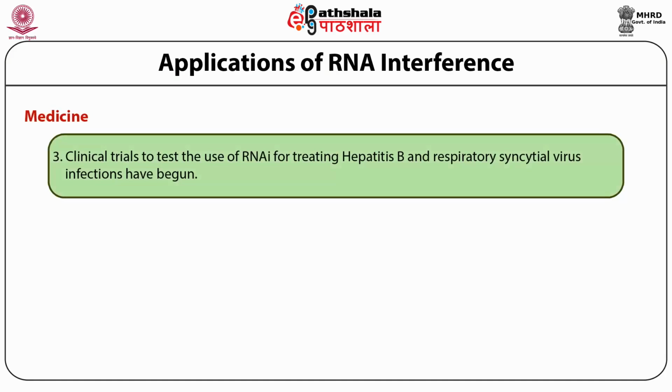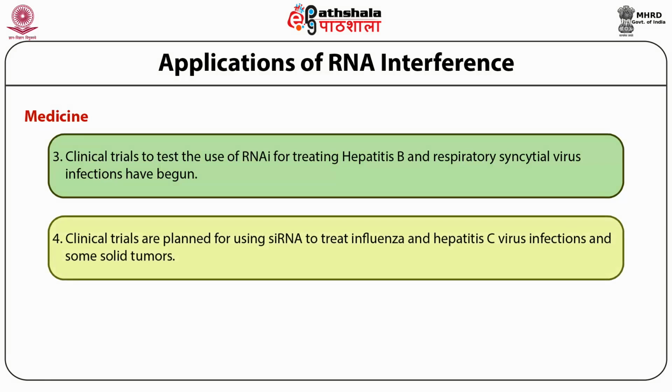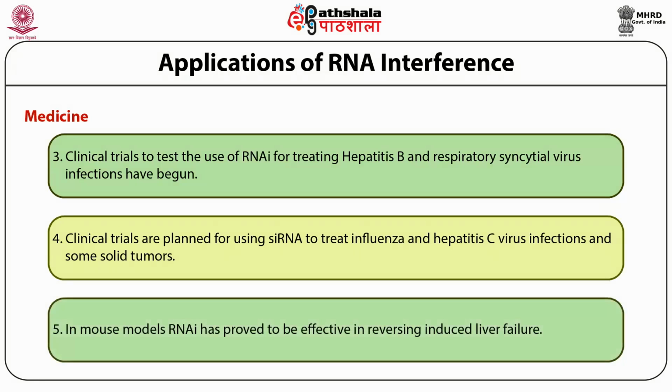Clinical trials to test the use of RNA interference for treating hepatitis B and respiratory syncytial virus infections have begun. Clinical trials are planned for using siRNA to treat influenza, hepatitis C virus infections, and some solid tumors. In mouse models, RNA interference has proved effective in reversing induced liver failure.